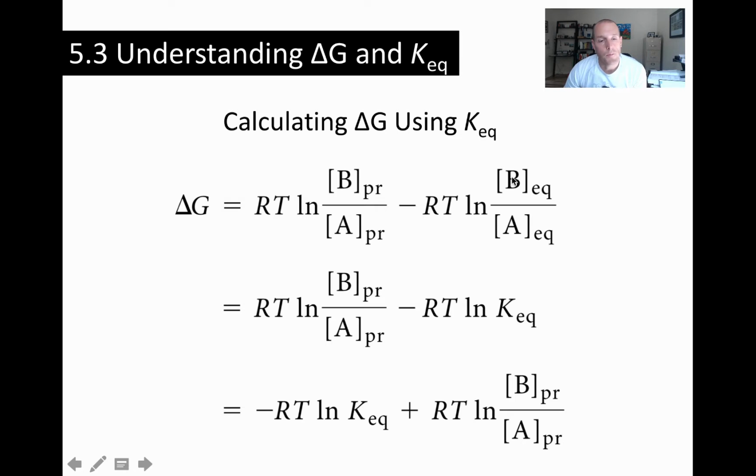So once you know the equilibrium constant and you know the molar ratio of B over A, you can calculate what delta G is. And then you can rearrange this equation at the bottom if you really want to: minus RT natural log of the equilibrium constant plus RT natural log of B over A under prevailing conditions, and that gives you the value delta G. So that's how you can calculate delta G, knowing the equilibrium constant and the molar ratio of B to A in a given mixture.